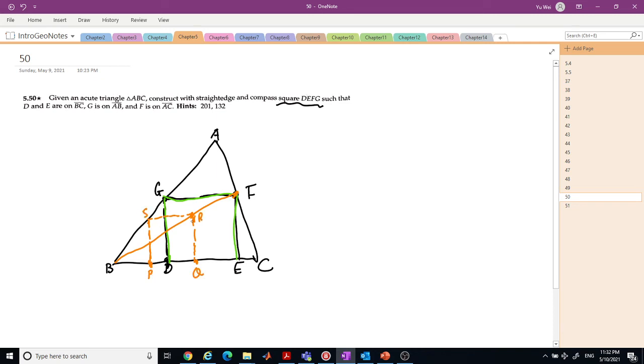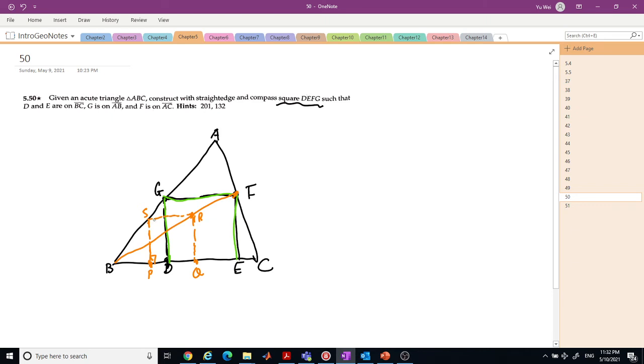If DEFG is the square, let's connect it to this, and draw a line parallel to PS through DG, and a parallel line SR to GF.